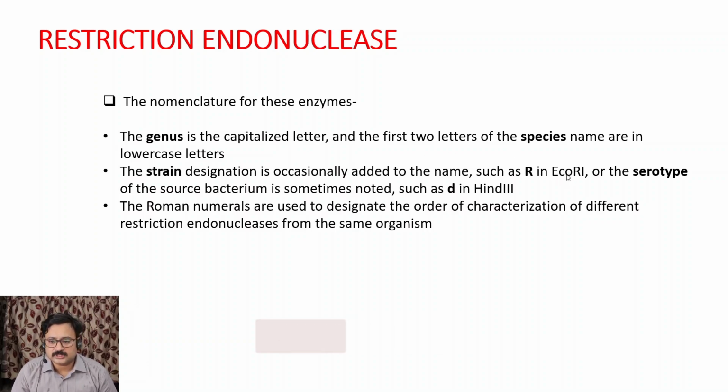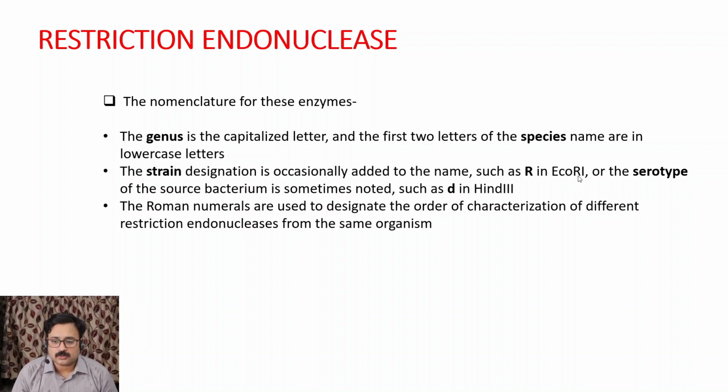The next two letters, in this case "co", are the first two letters of the species from which it was extracted. For example, EcoR1 was extracted from Escherichia coli bacteria. That's why E stands for Escherichia, the genus, and "co" stands for coli.